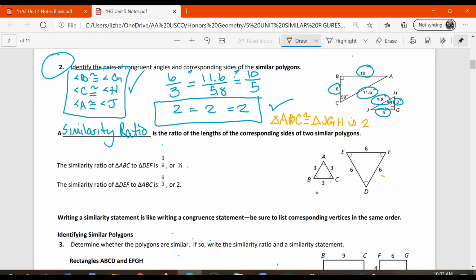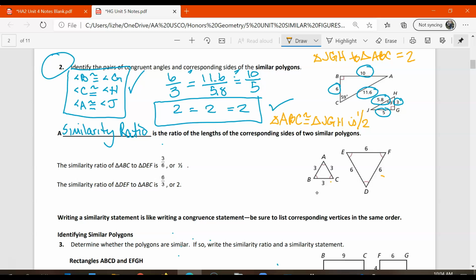But if I did it the other way, if I went small to big, triangle JGH to triangle ABC, so now I'm starting with the small one, I'm going to the big one. If I start at small and I go big, that's 1/2. If I start big and go small, that means I'm cutting it in half.